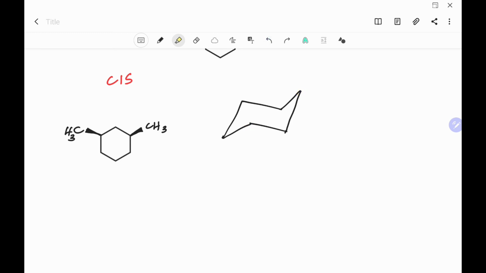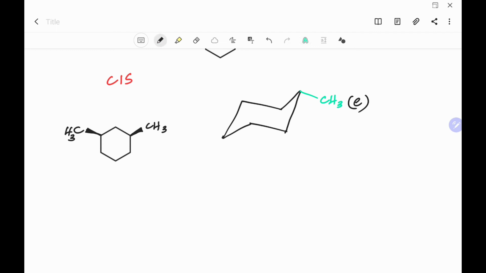For the first carbon, put the methyl group on the equatorial position. Why? Because the equatorial position is the most stable position as compared to axial, with no 1,3 diaxial interactions. So the first CH3 group will go there, and it is on the bottom plane because it is going down.